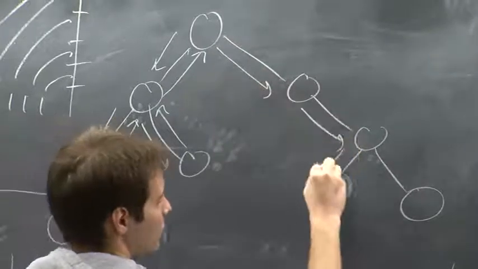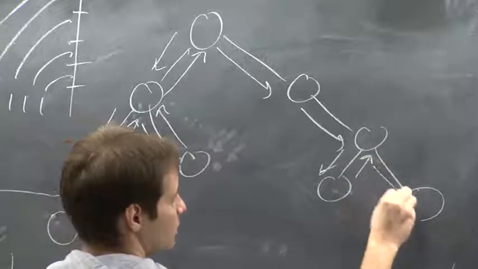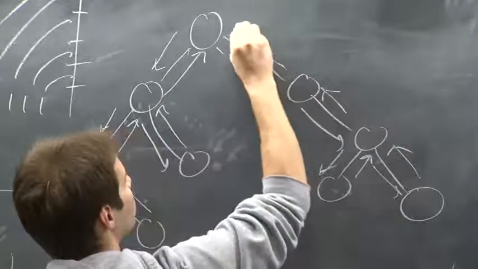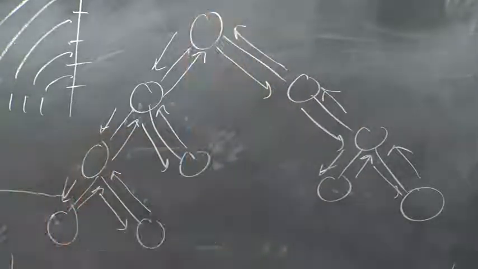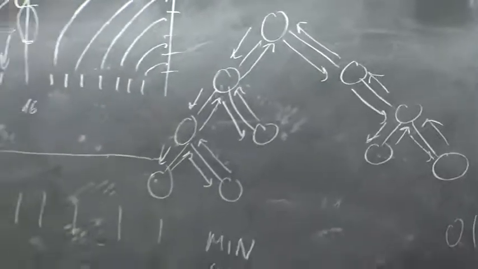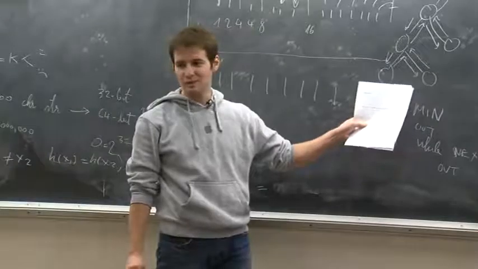Successor goes all the way down here. Successor goes up here. Successor goes here. And then successor goes all the way up to the root and gives up. So usually 1 or 2, not log n.